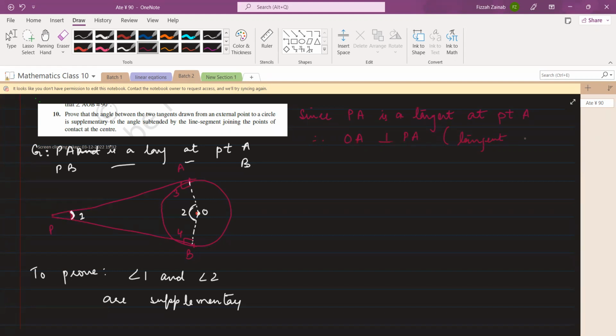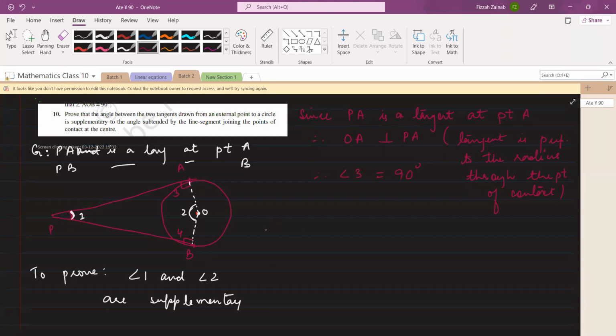That tangent is perpendicular to the radius through the point of contact. And therefore angle 3 is 90 degrees, right?